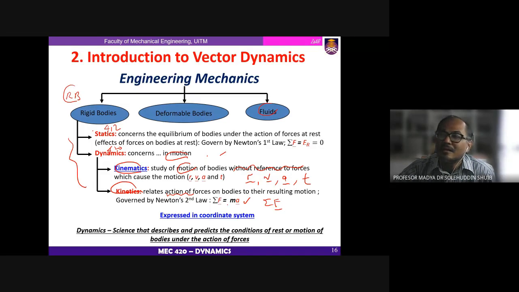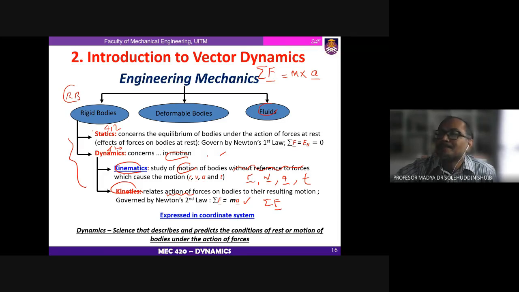This is how we write it, because in this class we are trying to use the same textbook and the same way of writing the notation. Look how I write: the summation of force, underscored to mean a vector, equals mass times acceleration. F equals ma, right?